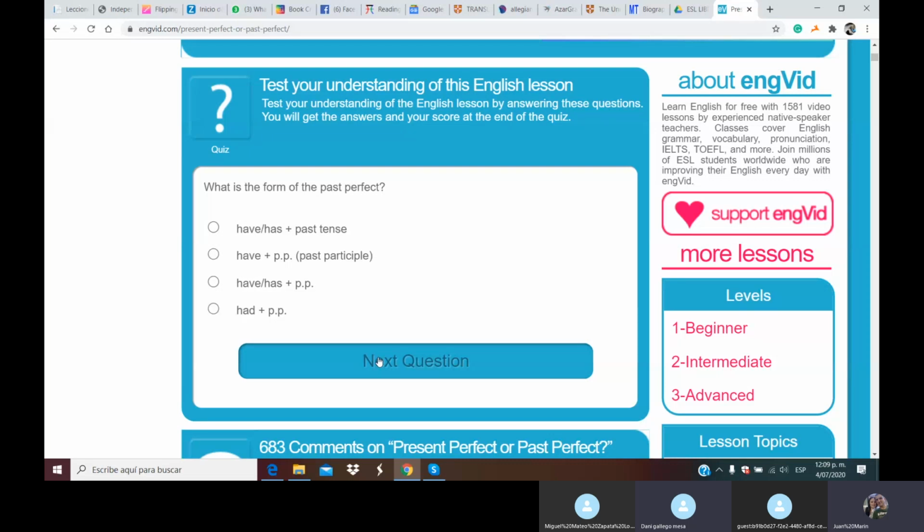Okay, how do you say la última in English? The latest. Okay, later is the comparative. The last. Okay, good. Yes, the last one. Very good, you're right. So had plus the past participle, or PP.